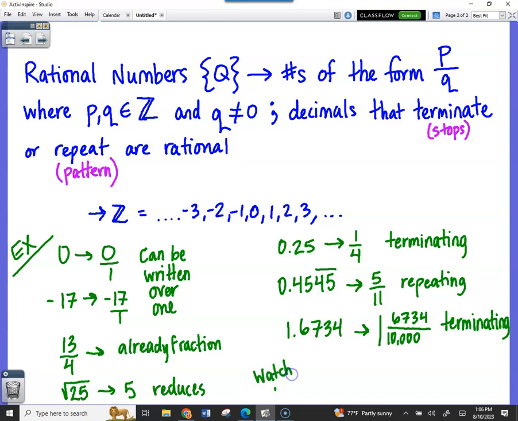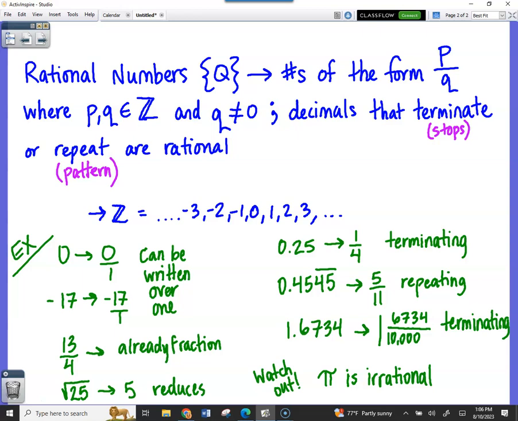Watch out. It's like a GPS. Watch out. Object on the road ahead. Watch out. Look at this one. Pi is irrational. Now, you might think, well, you can write a 1 under it. You can.